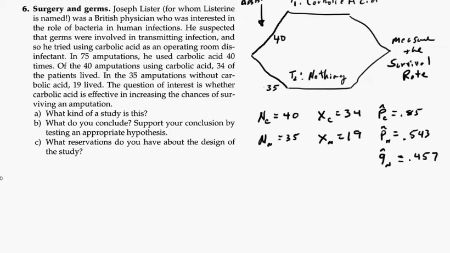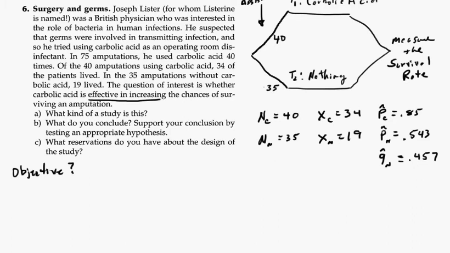Okay, so the question is, what do we want to prove? What's our objective? So let's think through this before we do the hypotheses. The question of interest is whether the carbolic acid is effective.